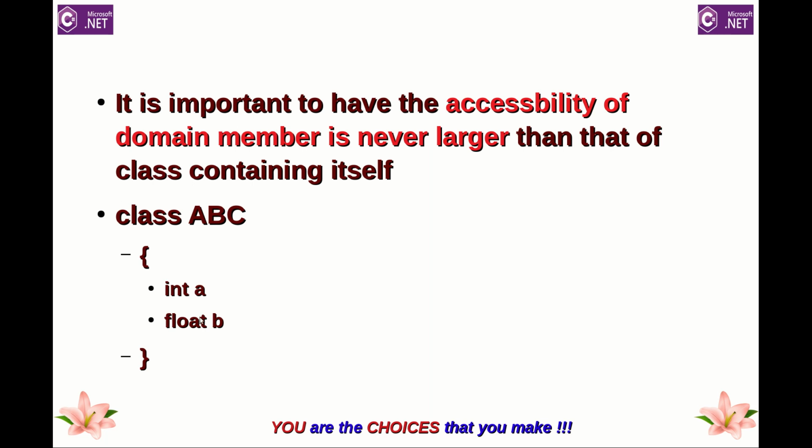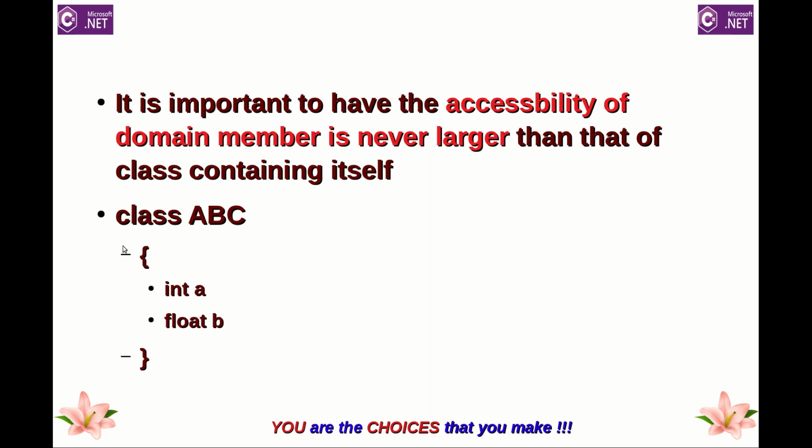So here the two members are A and B, and the containing class is ABC. When you declare an access modifier for A or B, this access modifier should not be larger than the access modifier of the class.